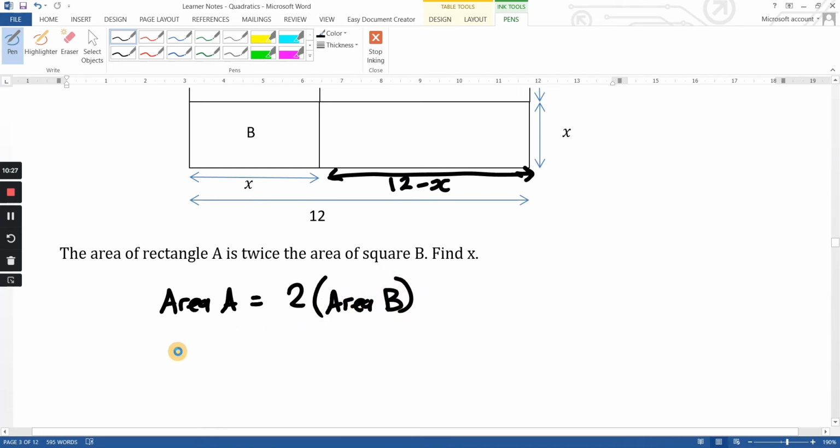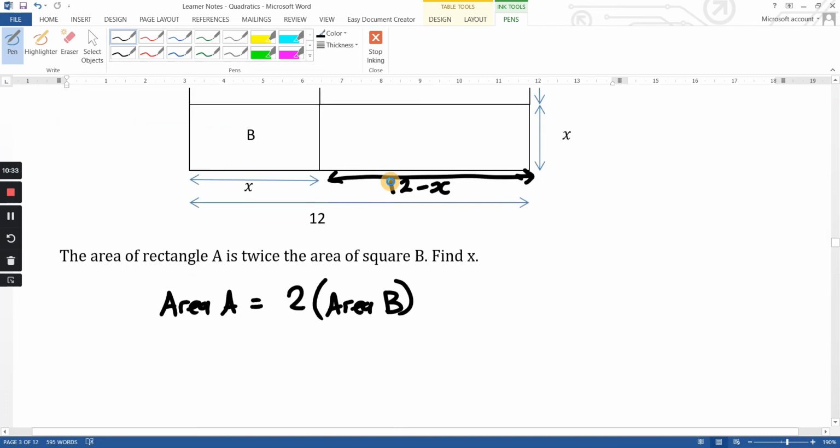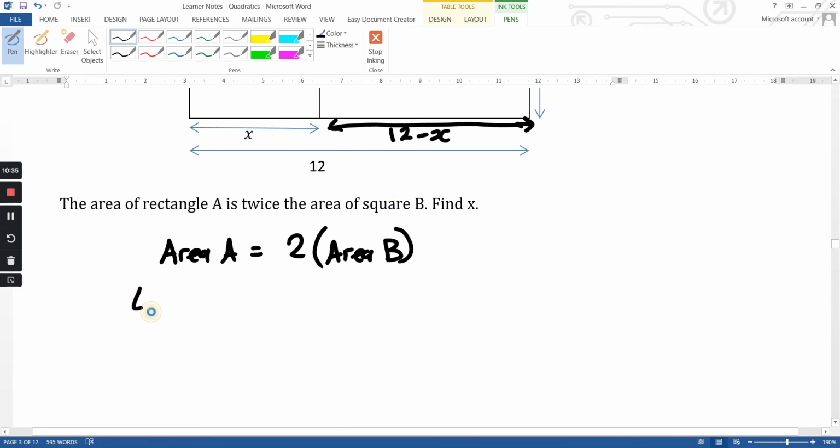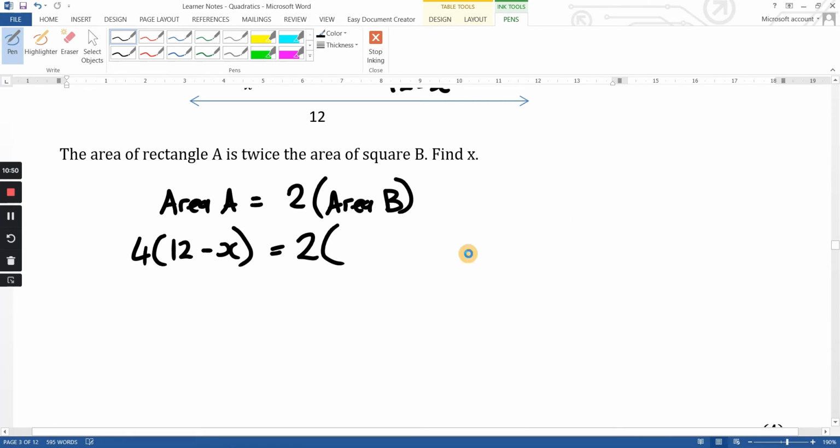So area A is 4 times 12 minus x, and we've got twice the area of B, so B is just x times x. Yep, so B is a square, isn't it? So x times x is just x squared. Let's put it like that.